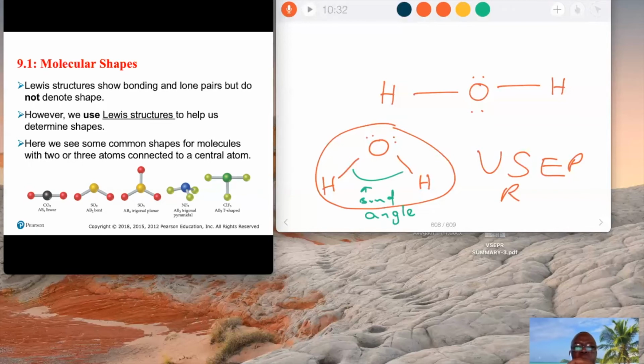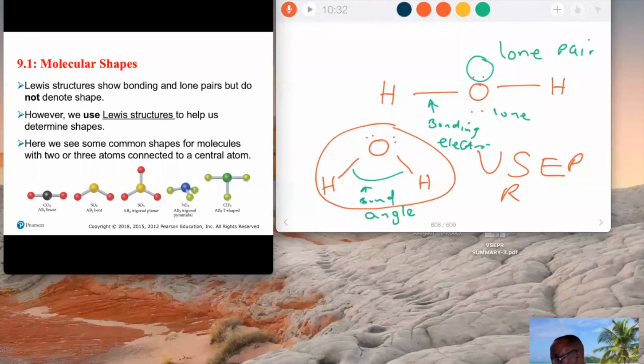At the outset, from the Lewis structure, we know there are bonding pairs and lone pairs. These are the bonding electrons, and these are the lone pairs. This is another lone pair of electrons. You know how to classify electrons.